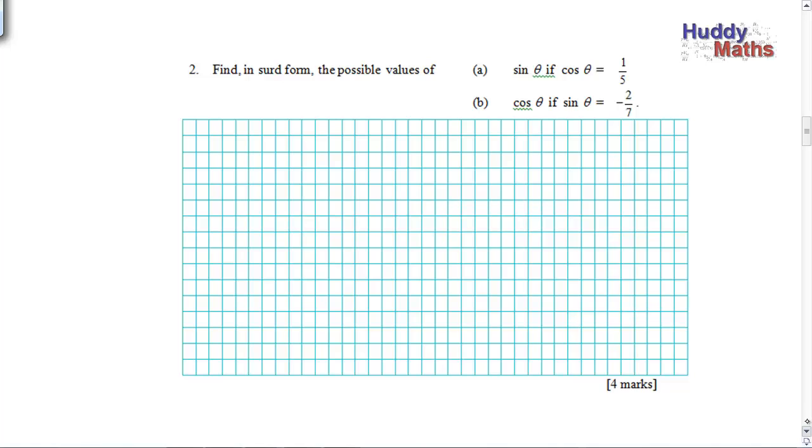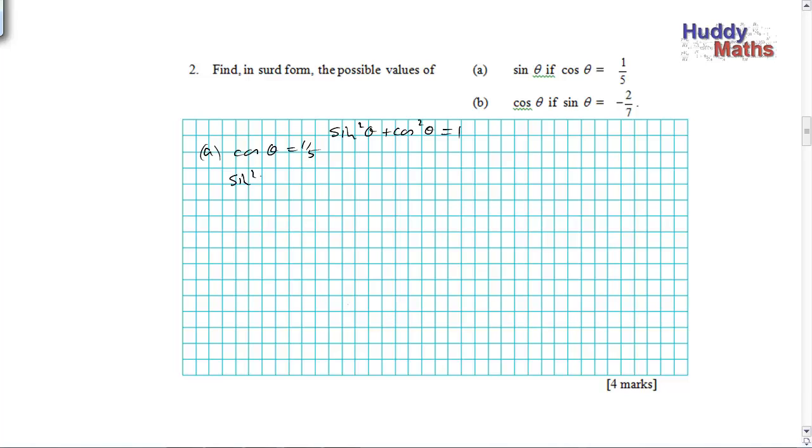Okay, question 2. Find the possible values of sine theta if cos theta equals a fifth. I wonder if you remember this. Sine squared theta plus cos squared theta is 1, established on the unit circle, if you remember that. So cos theta equals a fifth.